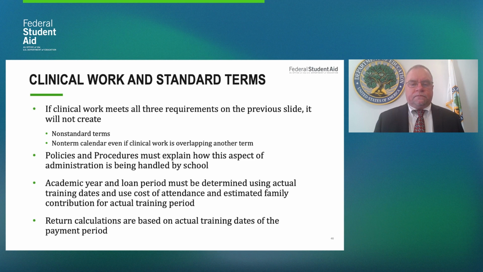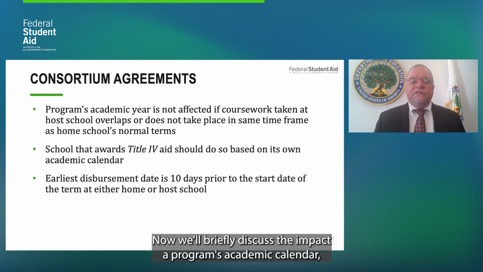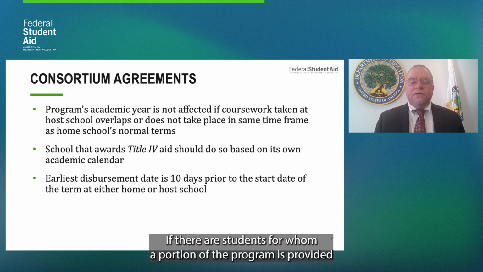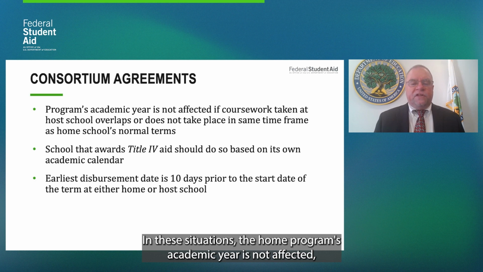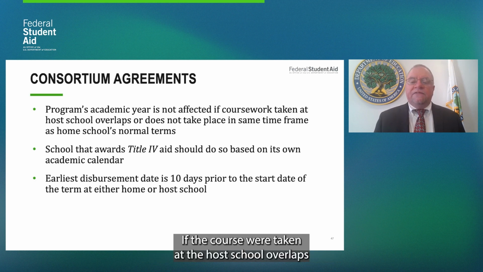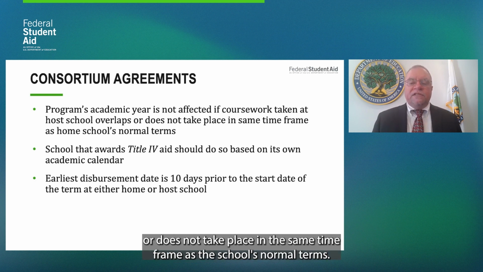Now we'll briefly discuss the impact on a program's academic calendar if there are students for whom a portion of the program is provided by another school under a consortium or written agreement. In these situations, the home program's academic year is not affected if the coursework taken at the host school overlaps or does not take place in the same time frame as the school's normal terms.